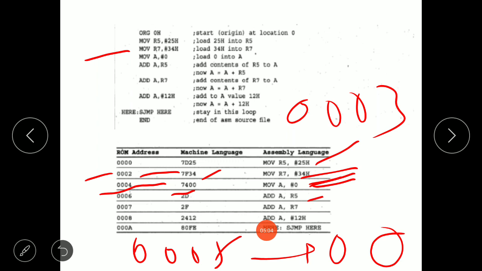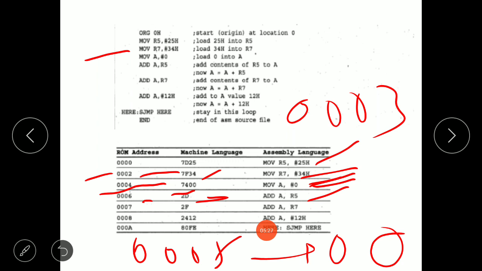Similarly, ADD A, R5 is a 1 byte instruction. As you can see, there is no operand written along with the instruction, and it is going to occupy 1 byte, or one memory location only. The next memory location 0006 will store the opcode of the instruction ADD A, R5.